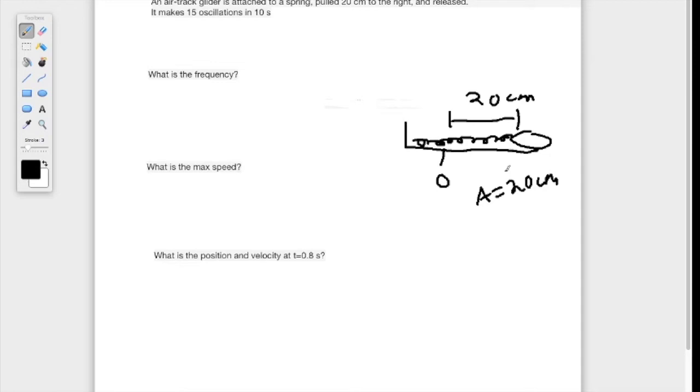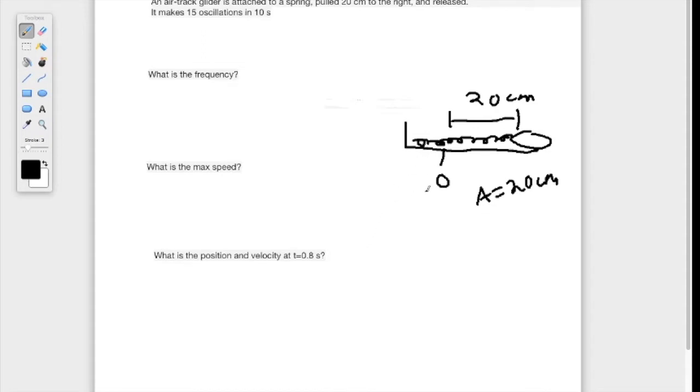When you pull it back, you should expect it to go about the same distance, not any farther, but not closer to the equilibrium position unless there's damping. So yeah, it's gonna oscillate between 20 and negative 20.